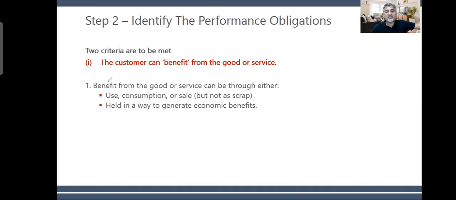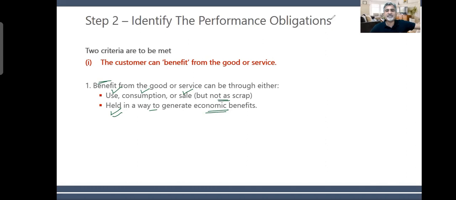And how do you benefit? So what is the benefit? Benefit means you can use it, you can consume it, or you can sell it, but not as scrap, not at the throwaway price. So either consume or use or sell, or you can hold it in a way to generate economic benefits for future.